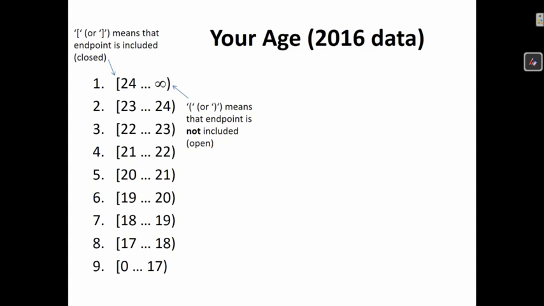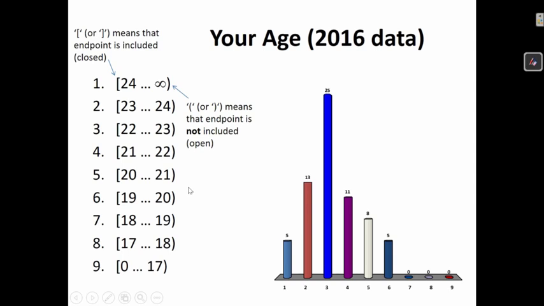The first particular that we gather is your age group. This is last year's data, 2016 data. There are a few age brackets: 0 to 17, 17 to 18, 18 to 19, and so on, nine brackets in total.